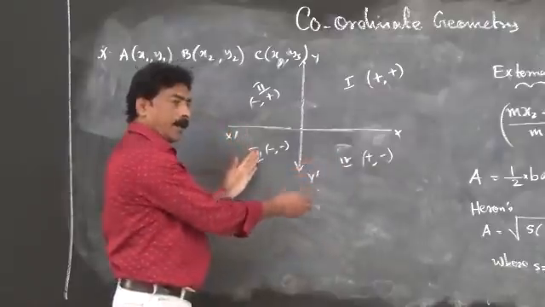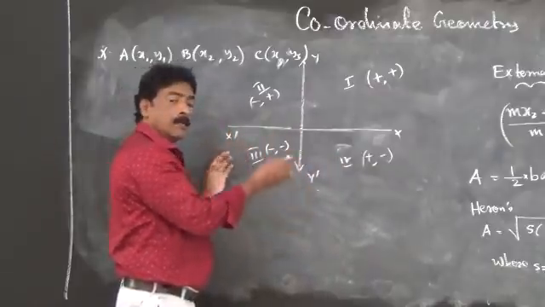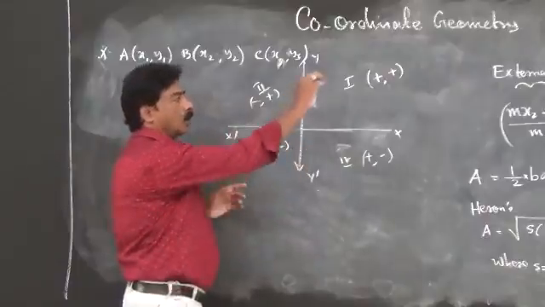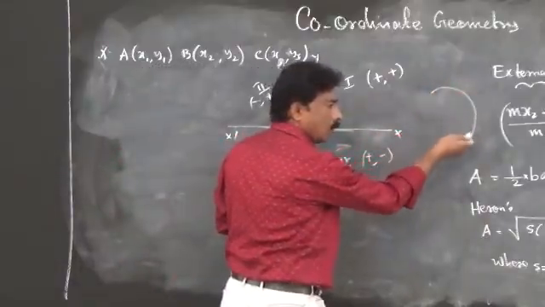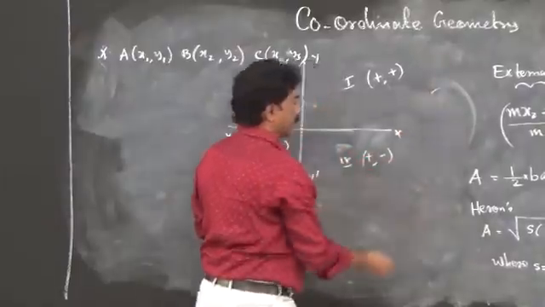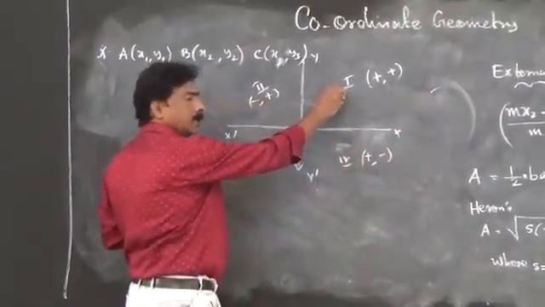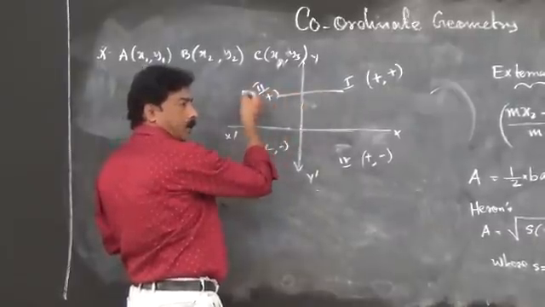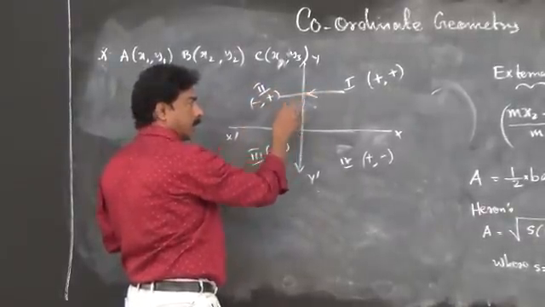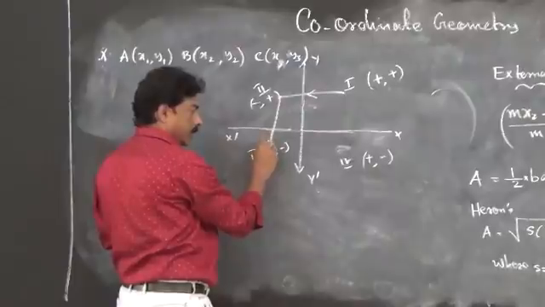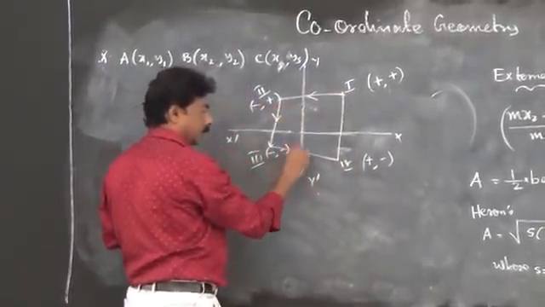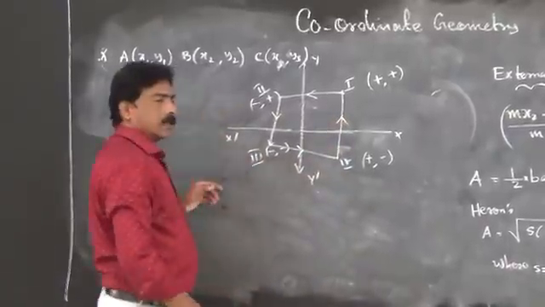After plotting the points, you can start from anywhere, but take it counterclockwise. Counterclockwise means you know clock rotates like this. Counter means anti-clock, reverse direction. Suppose if you start from here, then you have to go to here, the second here, anti-clockwise, in this direction. Then come this side, then here. This is the direction you have to follow.